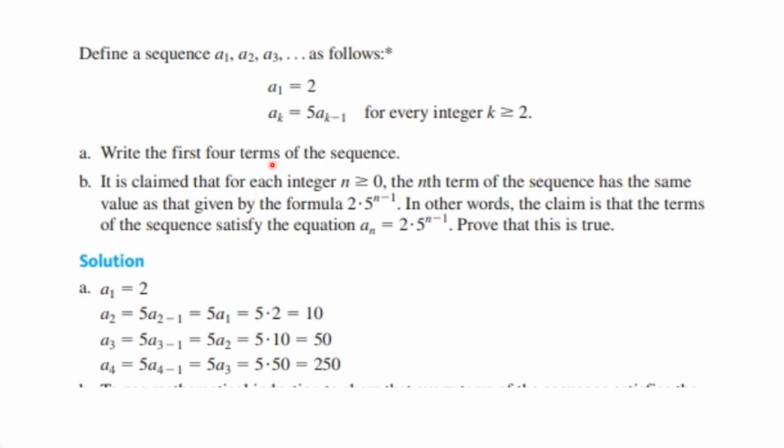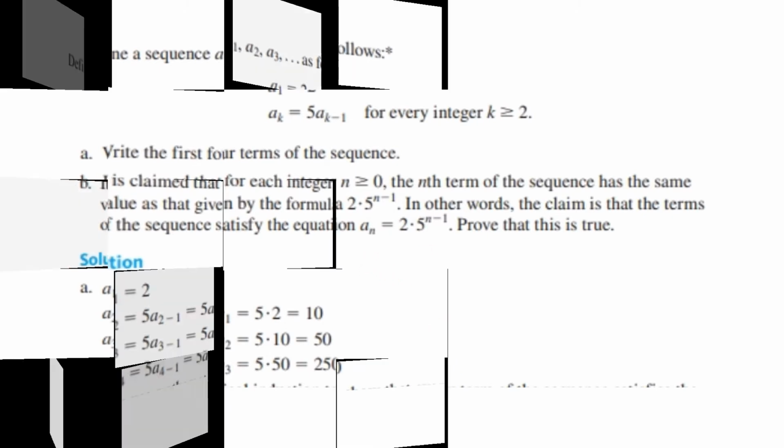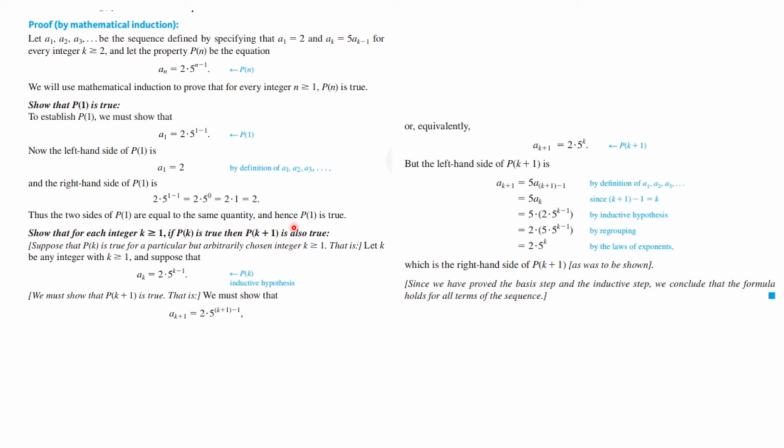Well, the first part was part A, and that's just going to be 2, 10, 50, and 250. So those are the first 4 terms of the sequence. But you're also supposed to prove this by induction. So here is your P of n. You have to show that this is true.